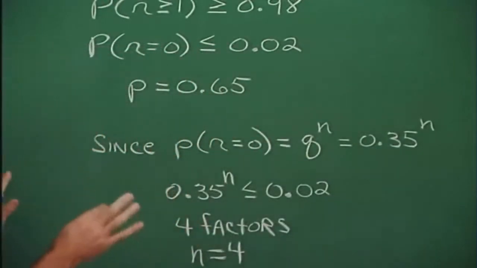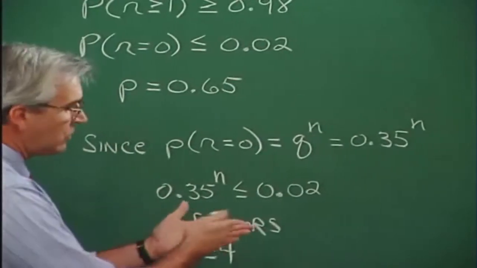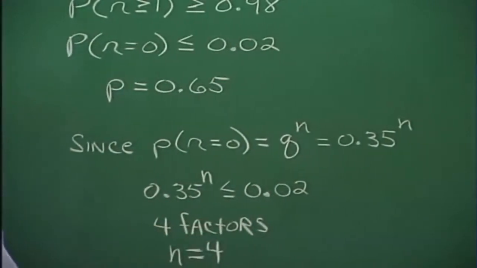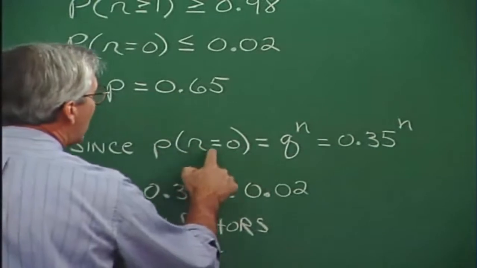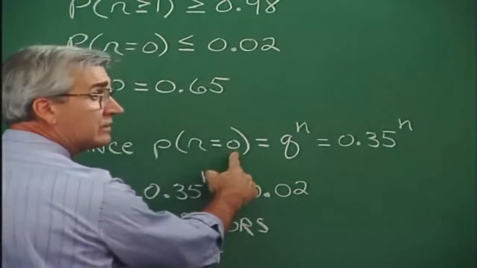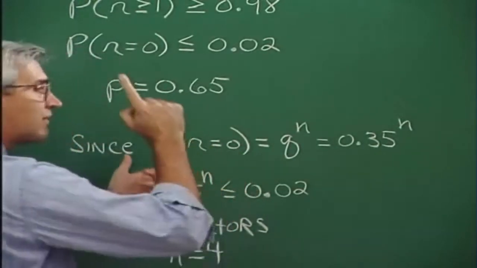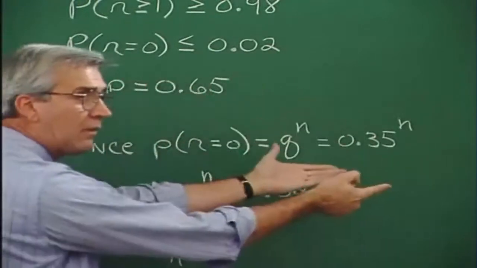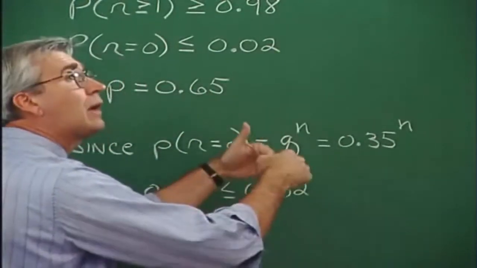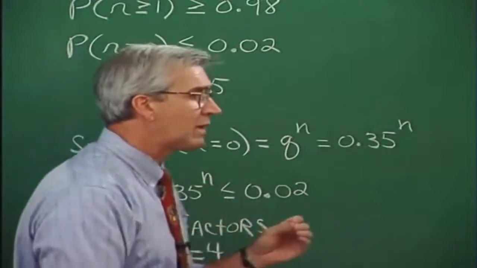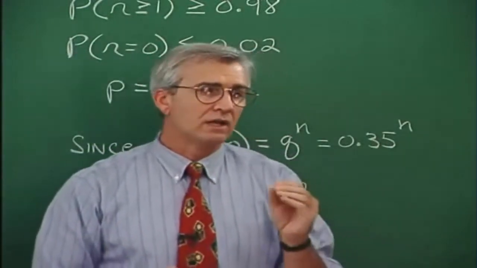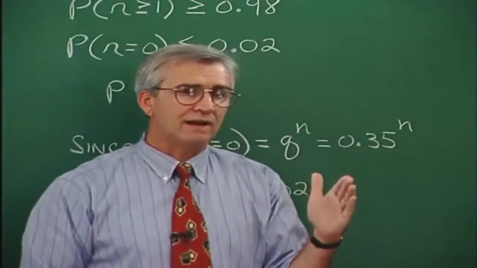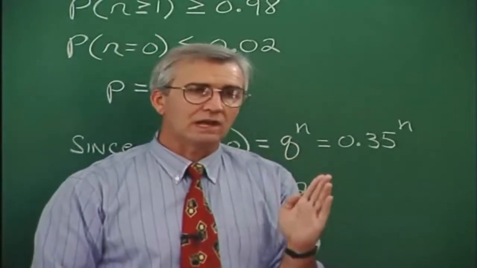Another way to deal with this, and a way that you can do on the calculator, is this. Since the probability that R equals 0, that's no successes, means failure, failure, failure, failure for however many trials we have for the value of n. If it's 5 trials, then the n value would be 5.